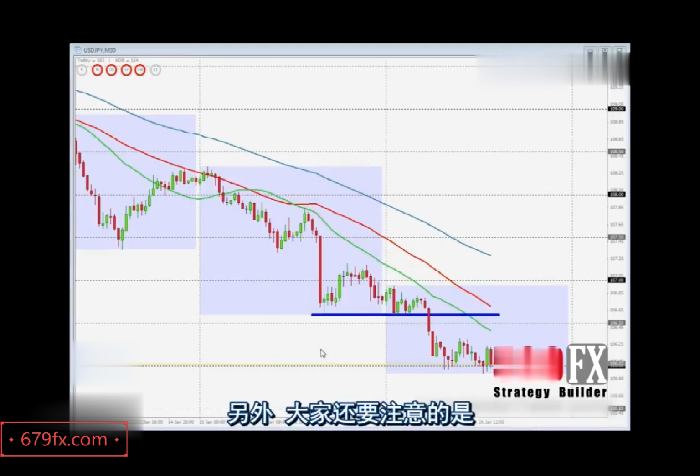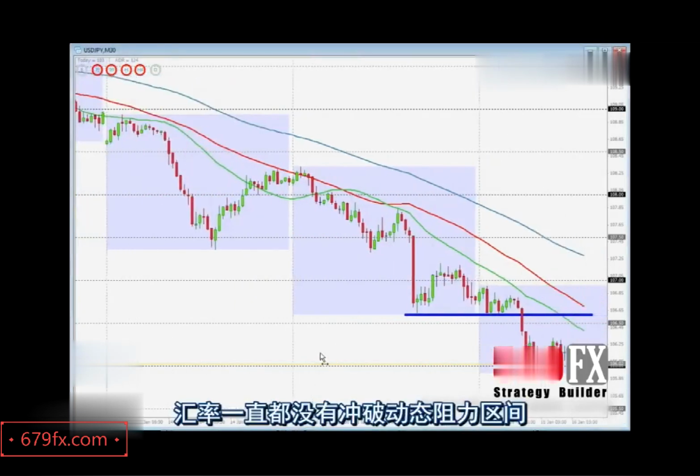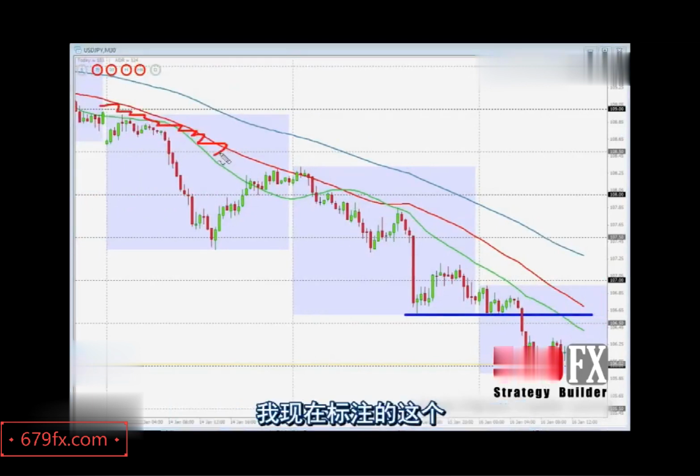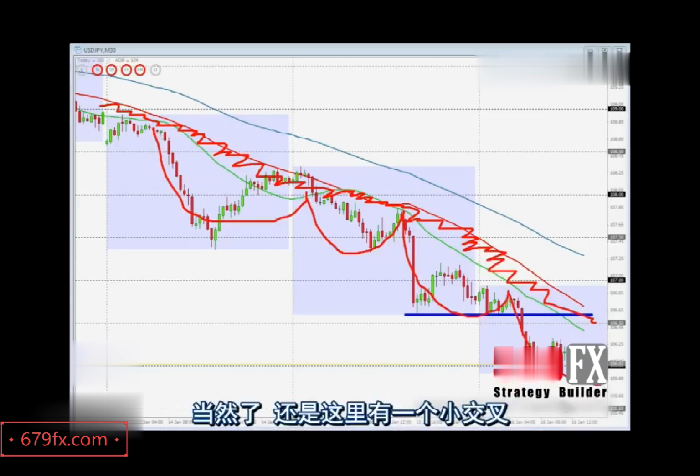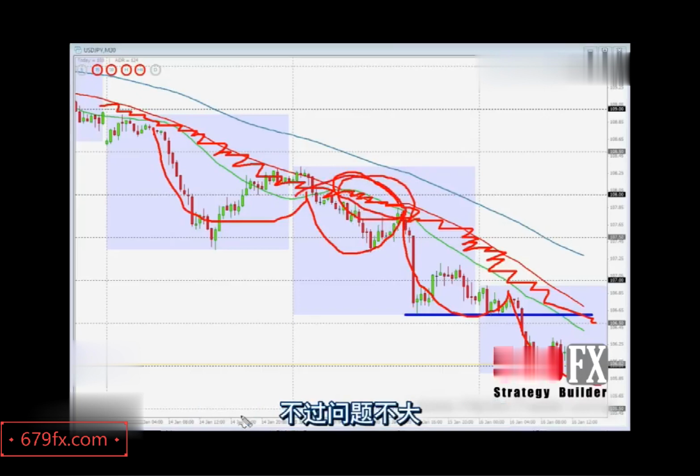It's also worth noting that at no time price violated the dynamic area of resistance. This is the dynamic area of resistance, the area I'm marking right now on my screen, and as you can see, it's been holding price below at every swing. So despite the fact that we do see this small crossover, I'm not overly concerned about it.